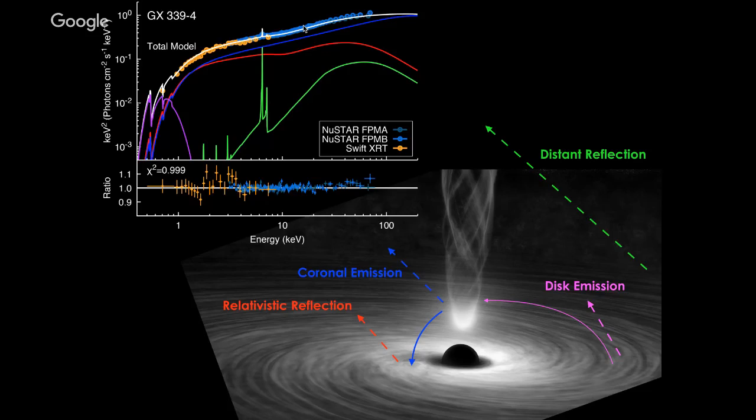Thermal photons gain energy in a hot electron gas, and they produce a power law like the blue spectrum that I show on the top. If part of this radiation goes to the observer directly, you see it as a power law in energy. But if it illuminates the accretion disk, then you're going to see the reflection features that I mentioned a second ago.